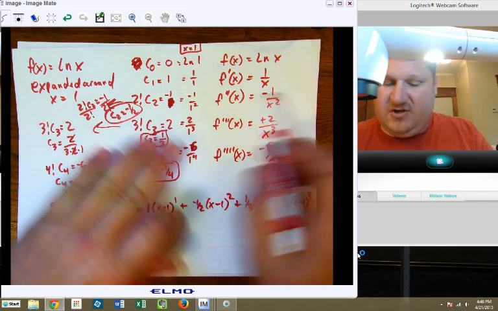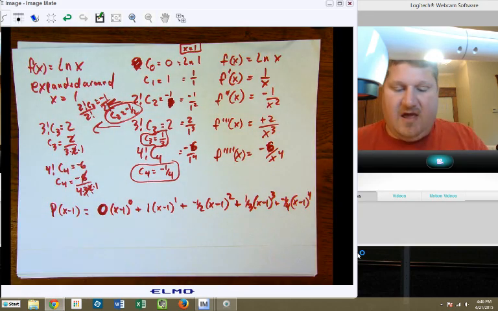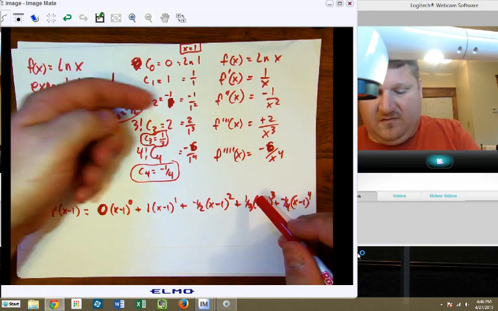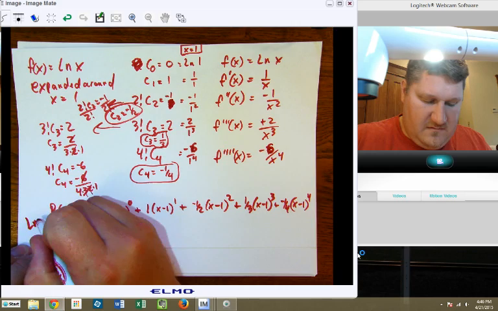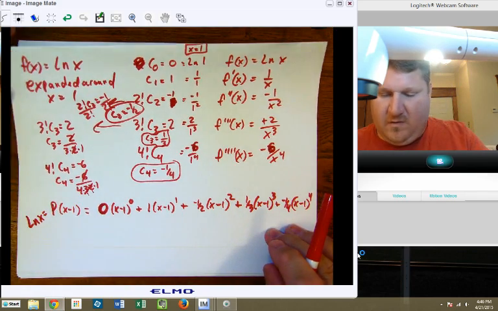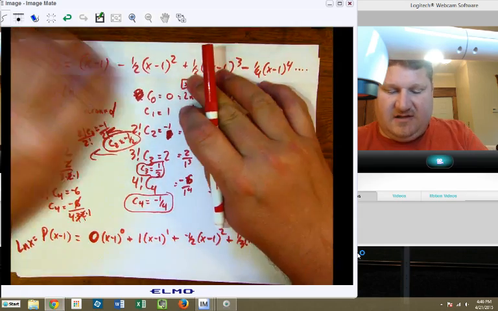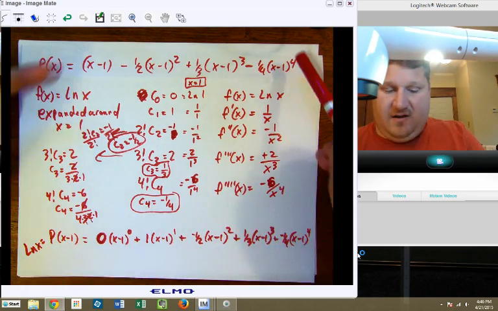So by equating derivatives and using the power pattern to say, hey, c sub 0, c1, 2 factorial c2, 3 factorial c3, we can create this as the expansion of natural log x around x equals 1. And the answer that they gave us to begin to prove against is right up here.